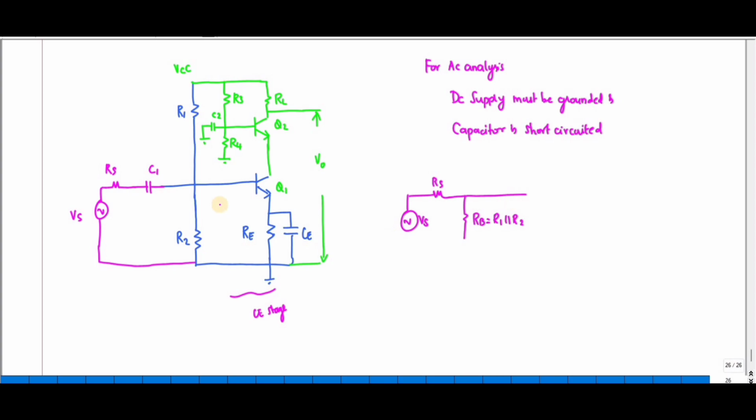Since it is a common emitter, the base is here, and you have HIE1 of the first transistor, and this is your emitter terminal. Here you have HFE1 of IB1, so the current flowing through this is IB1.